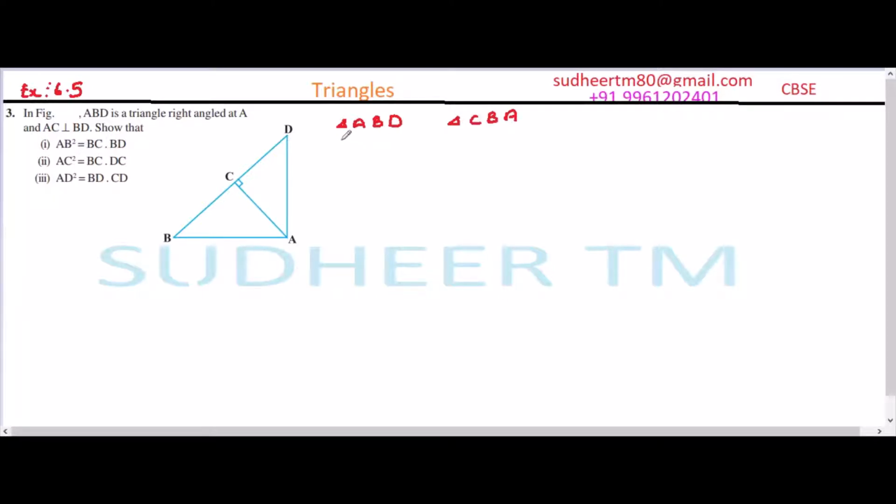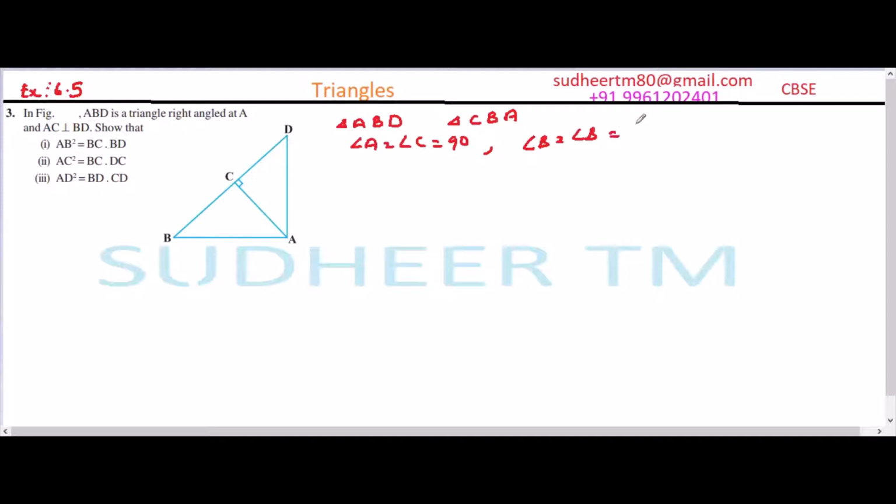ABD and CBA. What we have here: angle A is equal to angle C. Both are 90 degrees. And angle B is equal to angle B, common to both triangles.